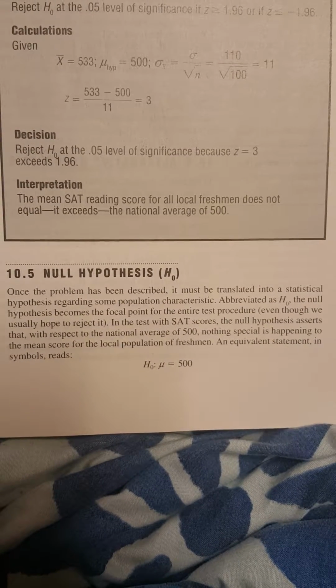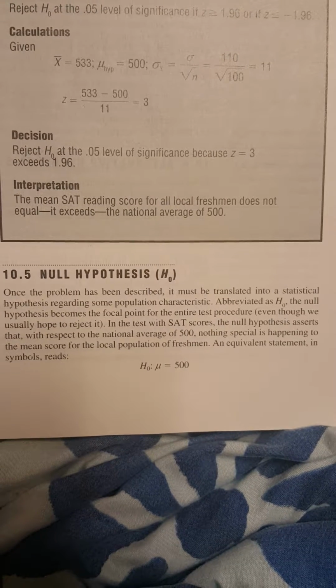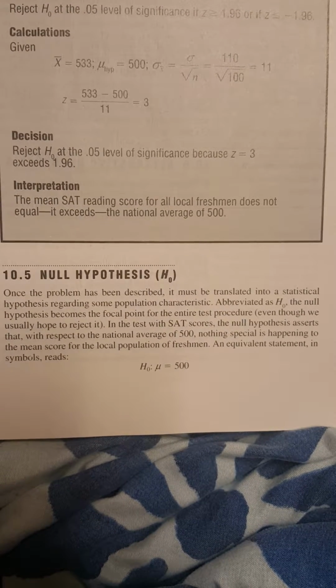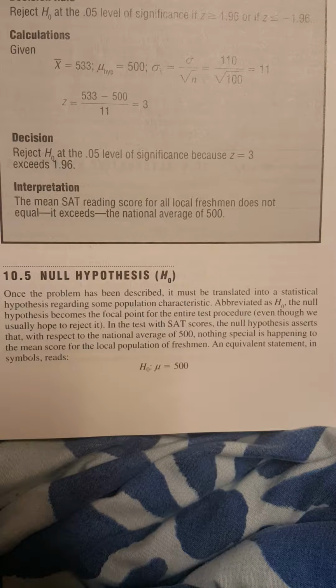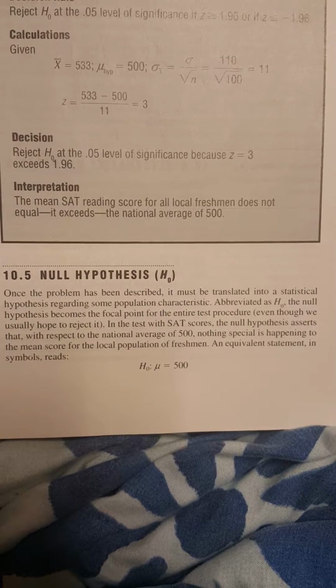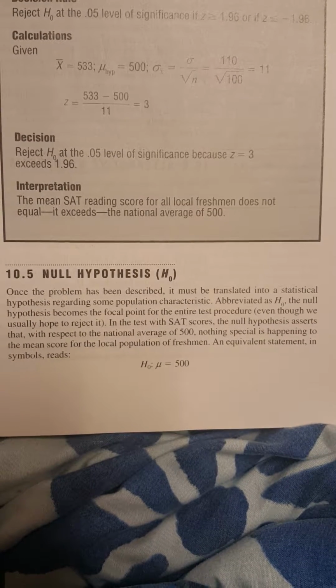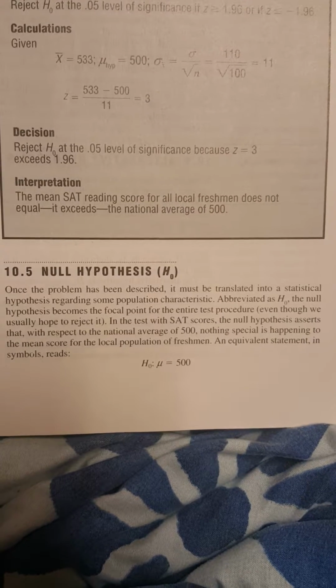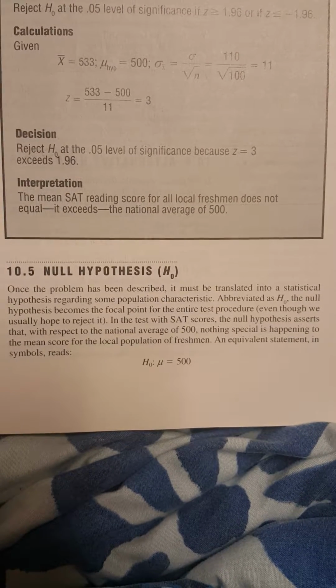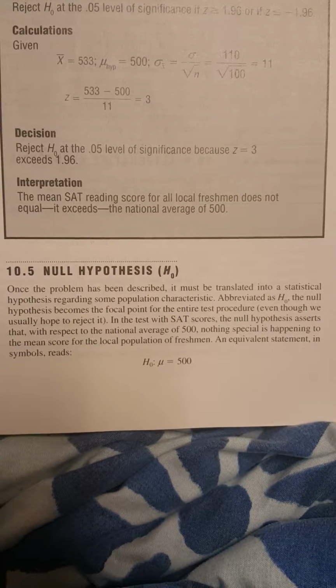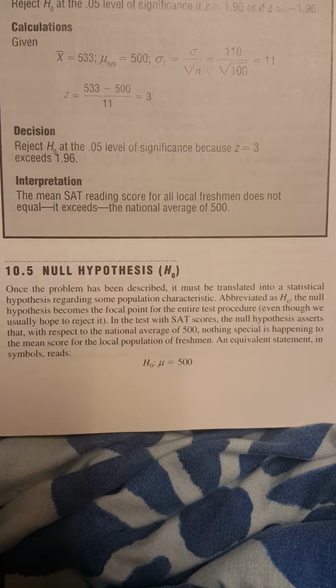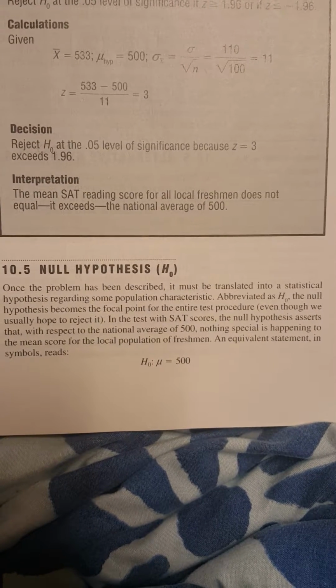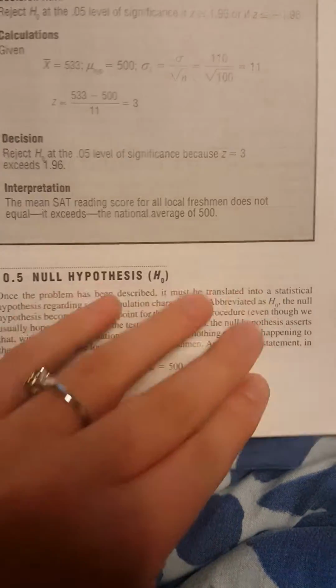In the test with SAT scores, the null hypothesis asserts that, with respect to the national average of 500, nothing special is happening to the mean score for the local population of freshmen. An equivalent statement in symbols reads, the null hypothesis is that mu equals 500.